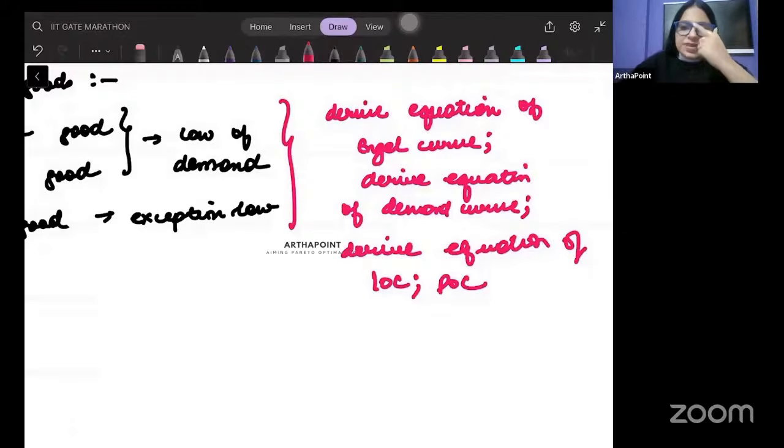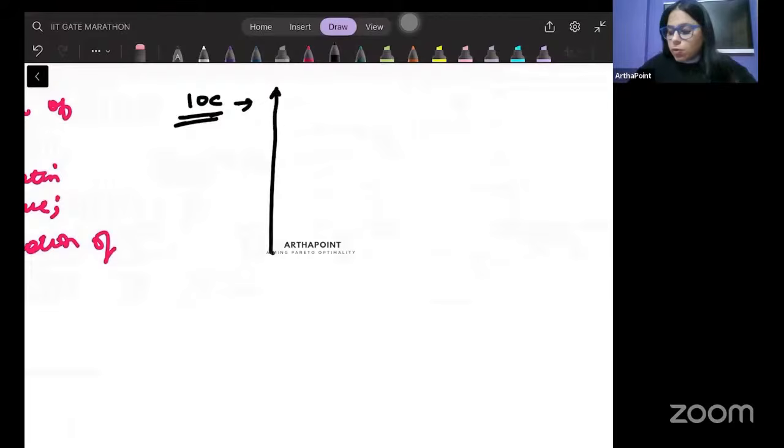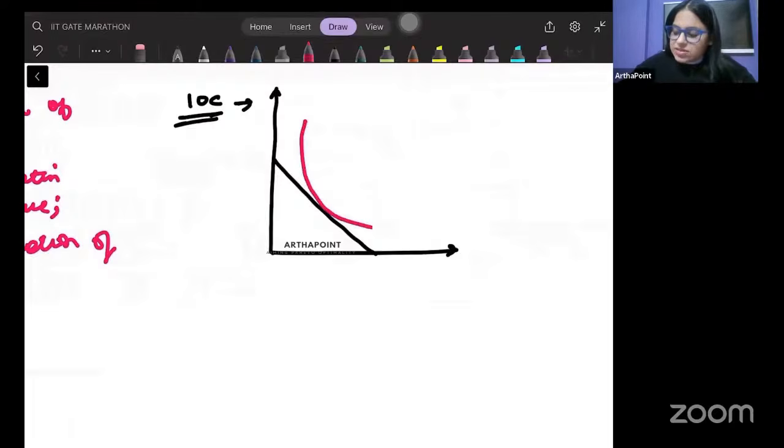In this case, we have to be very sure that the income offer curve shows different combinations as your income is increasing. I have my budget line and my indifference curve, and this is my equilibrium. When my income increases, my equilibrium will go upwards.